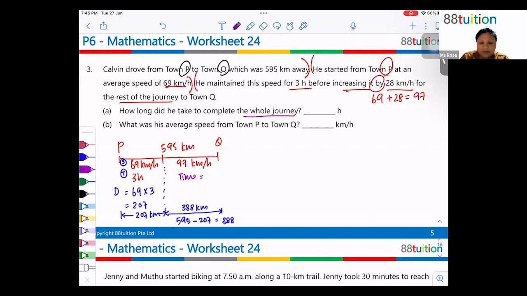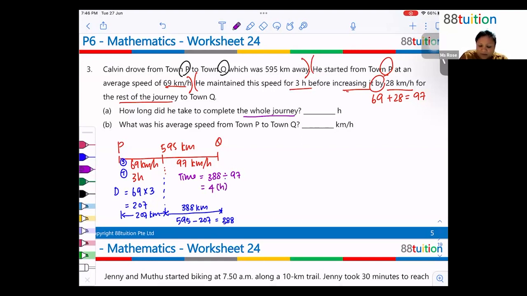I need to find out what is the time taken for the rest of the journey. So what's the formula to find the time taken? Thank you, Hannah. So distance, which is 388, divided by speed, 388 divided by 97, to give me 4.